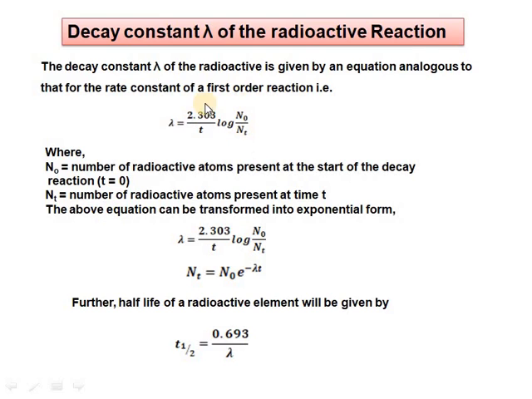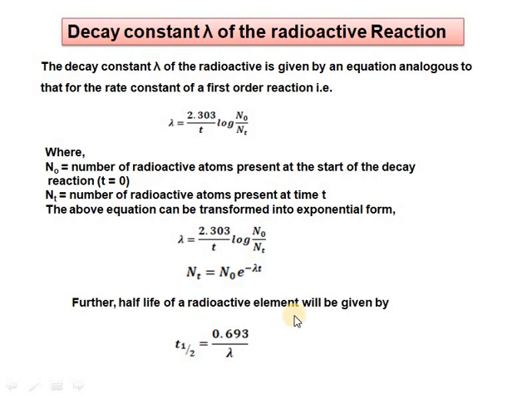This equation can be written in exponential form: Nt is equal to N0 e raised to minus lambda T.